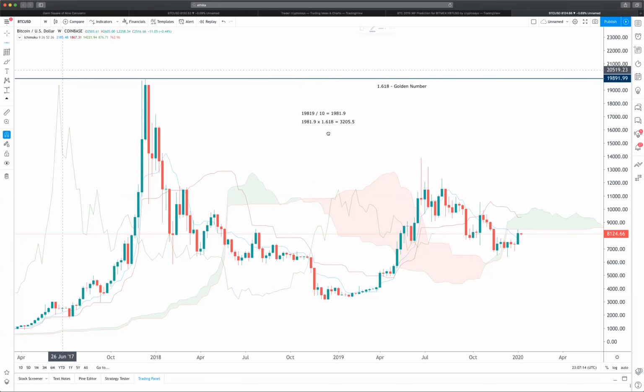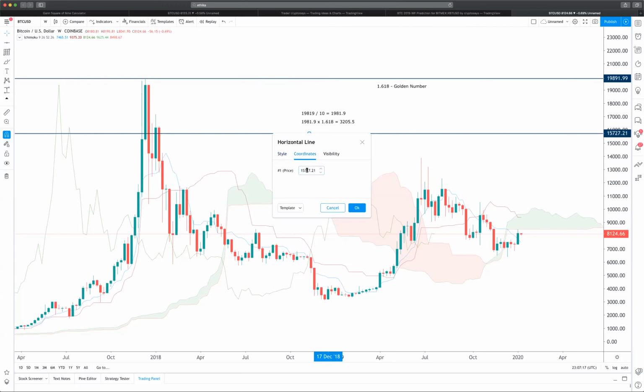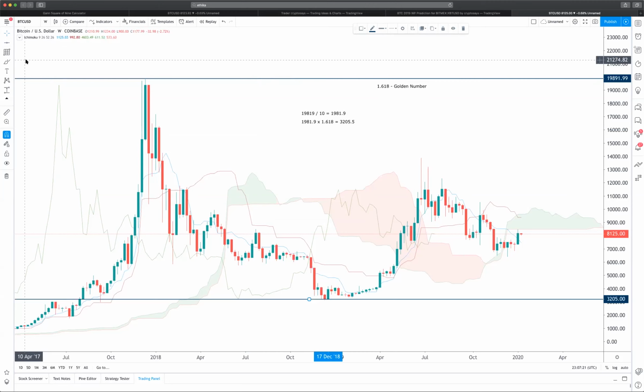If we want to see where the number is, calculate 3205, there you go. Wow. By knowing this, you would have known here on December 17th that this was going to be the most important level for Bitcoin to bounce from. It's the golden ratio. Phenomenal, in relationship to this top.